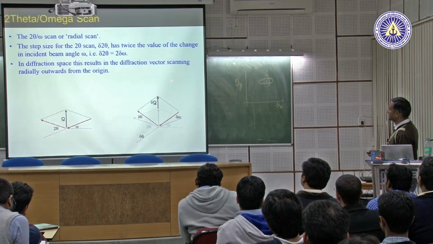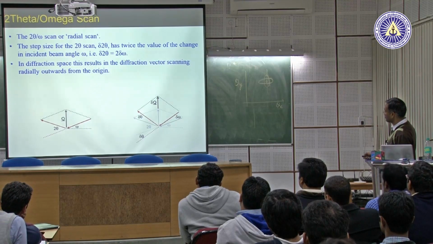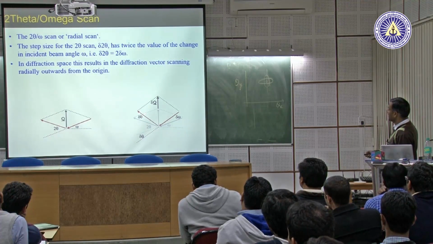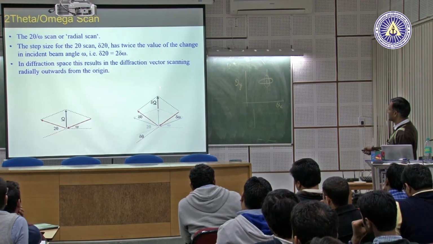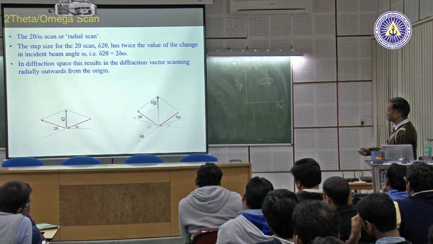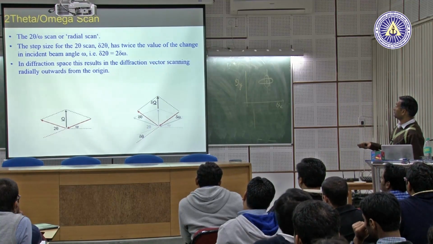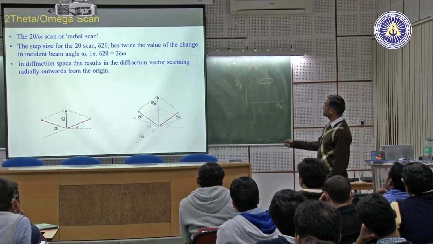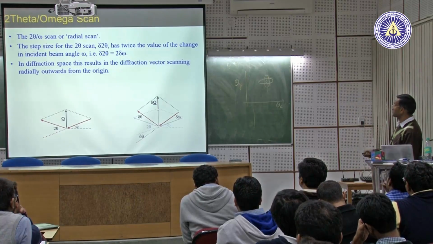The moment you change omega by delta omega, 2 theta correspondingly changes by 2 delta omega, and the diffraction vector remains symmetric, which means it remains perpendicular to the plane of the substrate, except that its length keeps changing. So this is called the 2 theta omega coupled scan, where this condition has to be followed: delta 2 theta is equal to 2 delta omega.